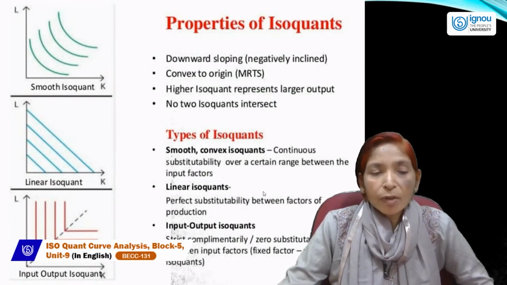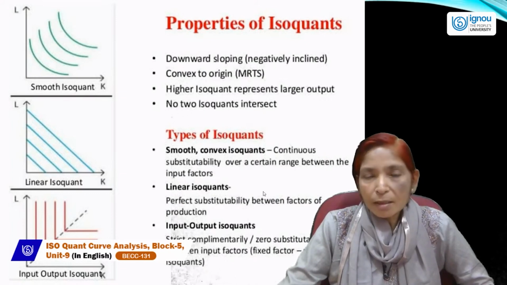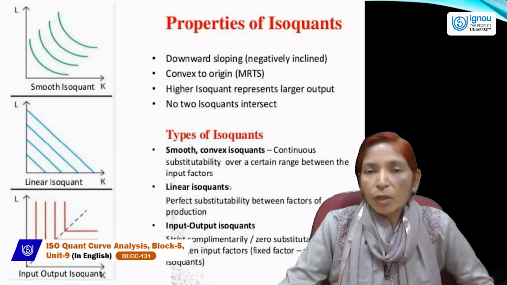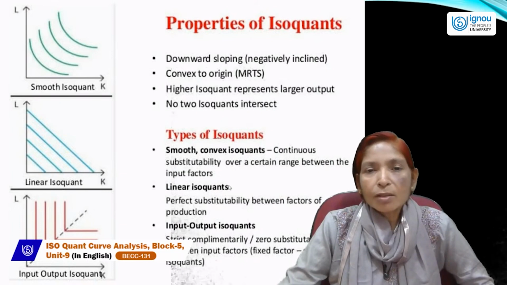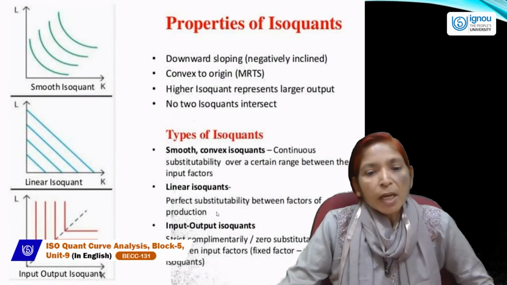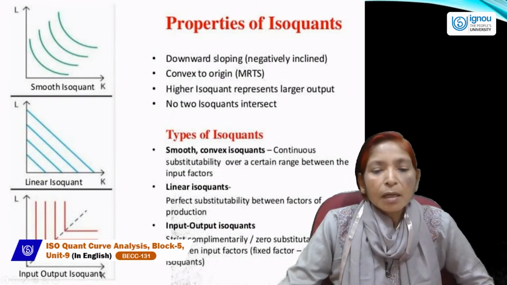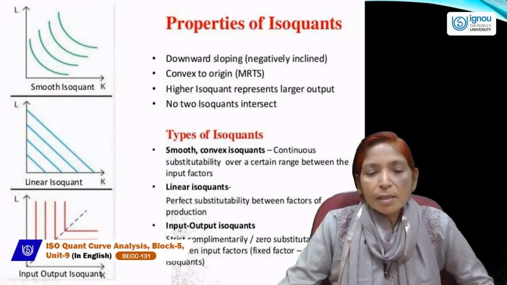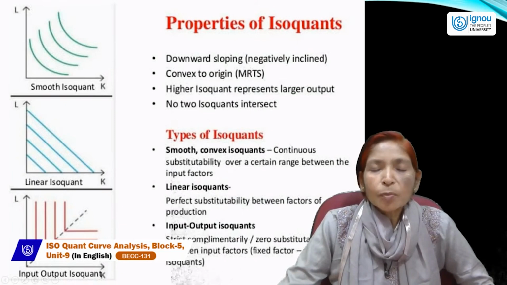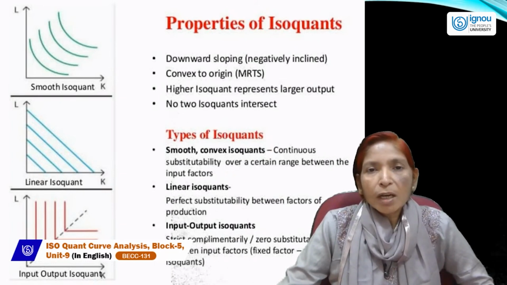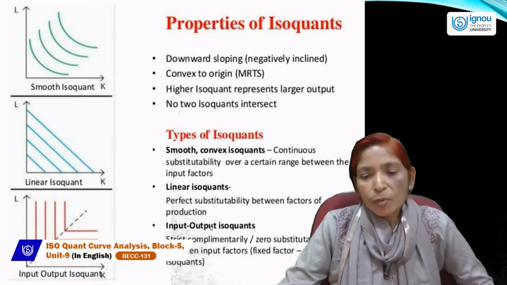Otherwise, it will not be a straight line curve, because generally we know that isoquant curve is always convex to the origin. And the third type of isoquant curve is input-output isoquant. If two factors of production are complementary, complementary meaning which are always used together, we can't substitute them. In that case, zero substitutability exists between the factors of production.